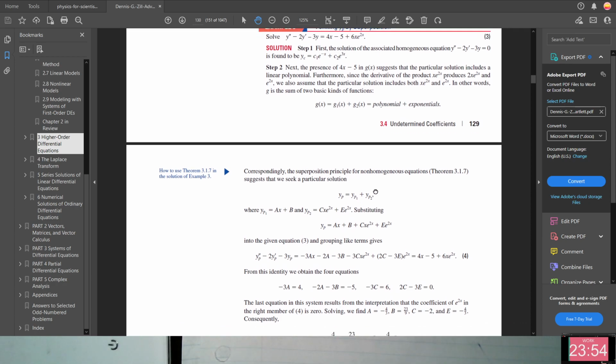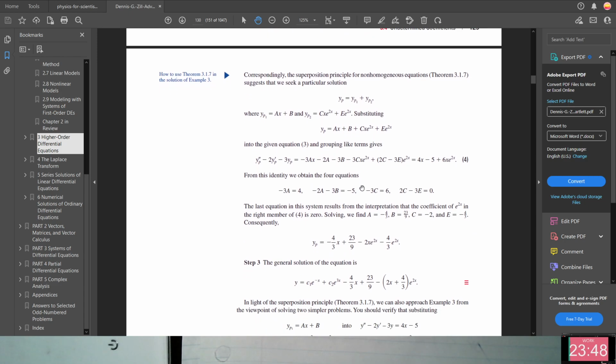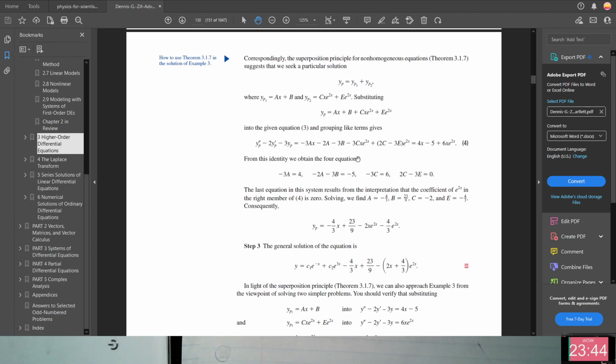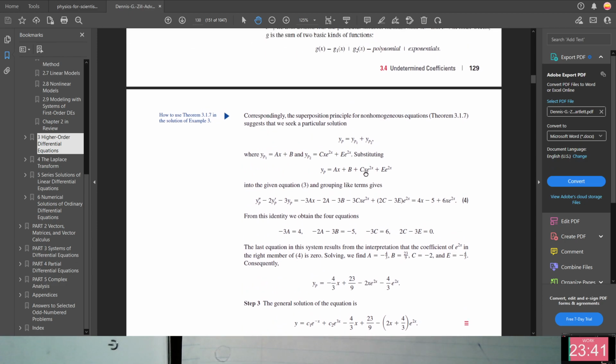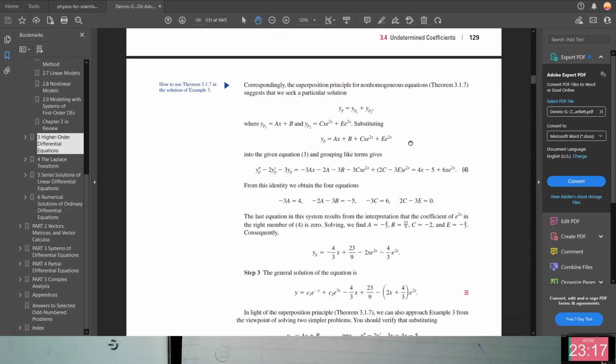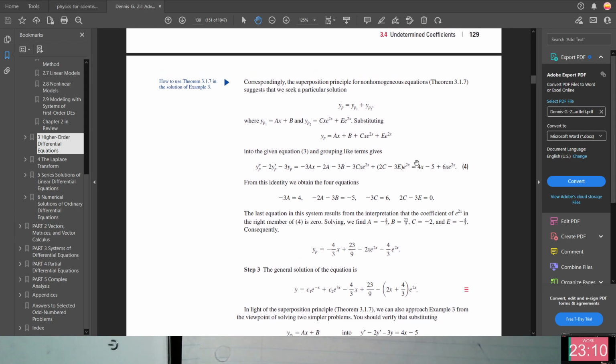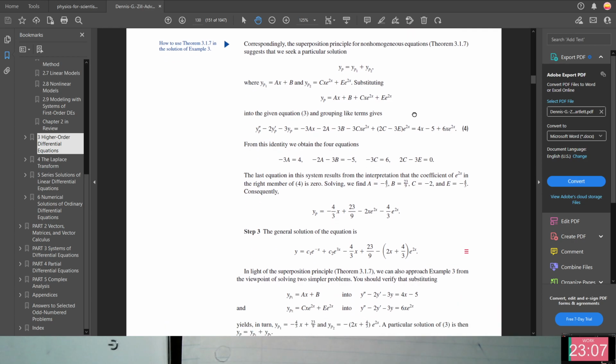What is the superposition principle? Seek a solution where y_p1 equals ax plus b, and y_p2 equals cx e^(2x) plus e e^(2x). Okay. Substituting into the given equation and collecting like terms gives the identity.